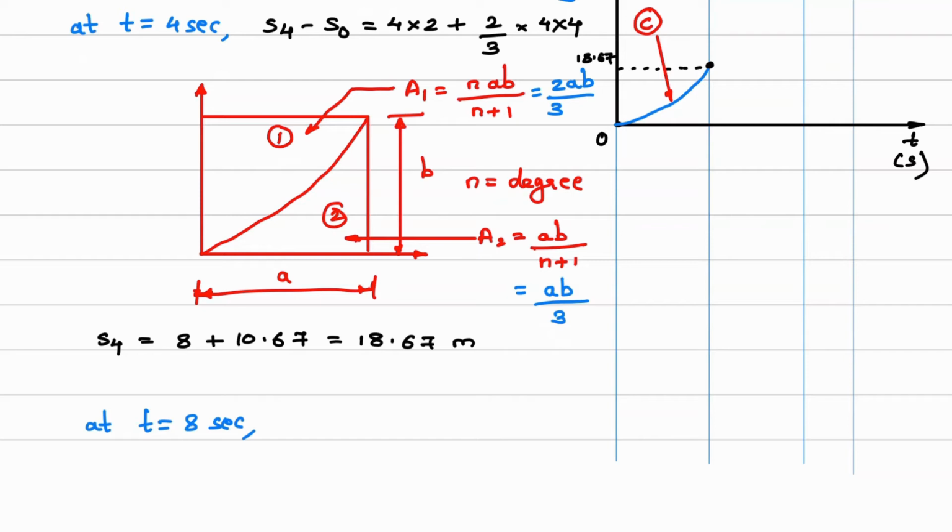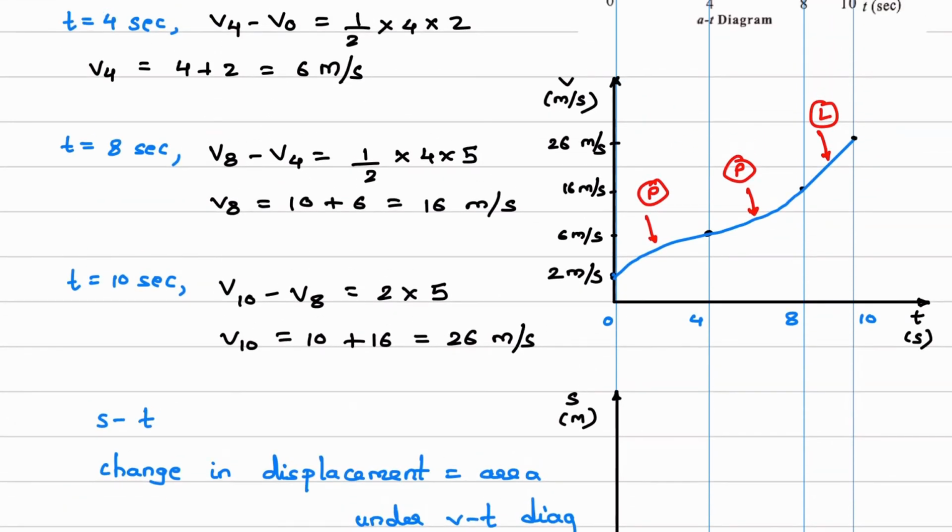What can we write? S8 minus S4 is equal to the area under the VT diagram. Now what is the area under the VT diagram in this case? It will be this area. Again, we have a rectangle and this curve, and the degree of that curve is 2. What will be the upper part?